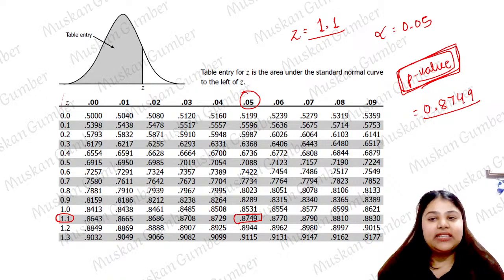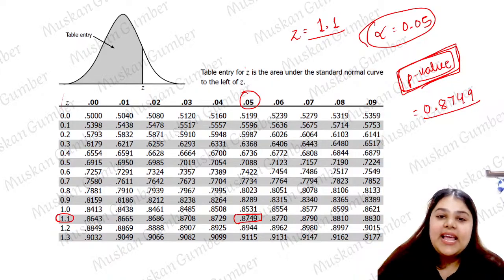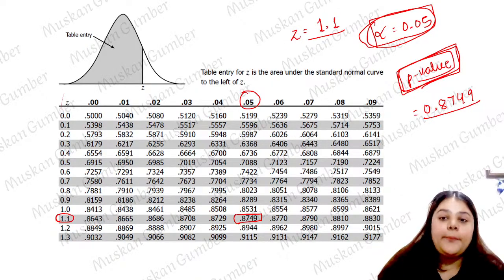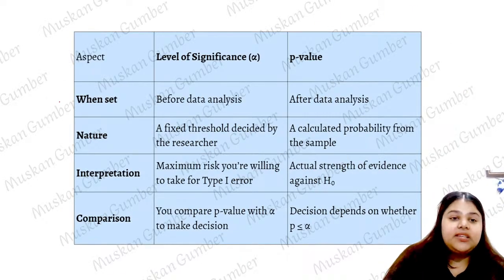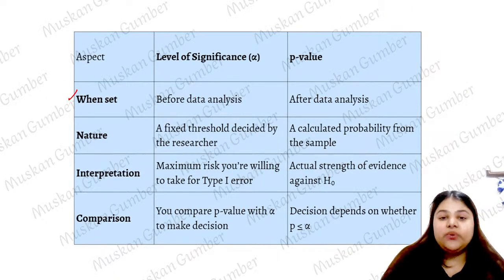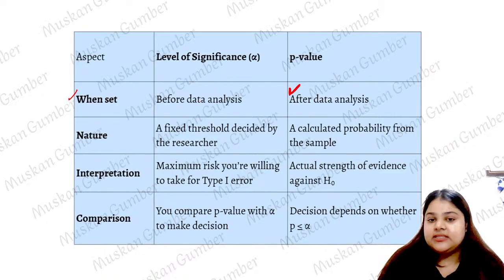How did we get the P value? How did we get the alpha value? The alpha value was set up before the data analysis, before even the data was calculated. And the P value is calculated, seen from the table, after we are done with our data analysis.